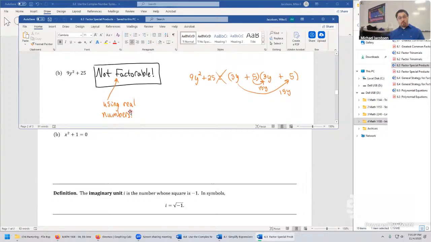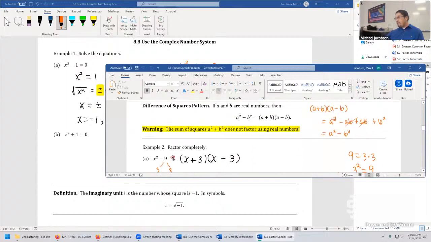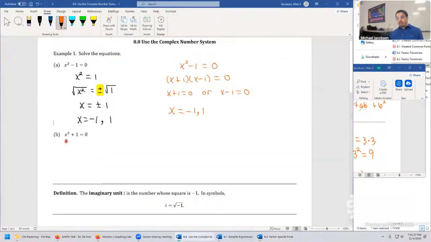But we were specific, sort of. There's an additional comment. It's not factorable if you're using ordinary real numbers. So x squared plus 1 is much like the 9y squared plus 25. And x squared minus 1, the one that did factor, is much like, say, x squared minus 9. Factoring is x plus 3 times x minus 3. So factoring is kind of different from this one.